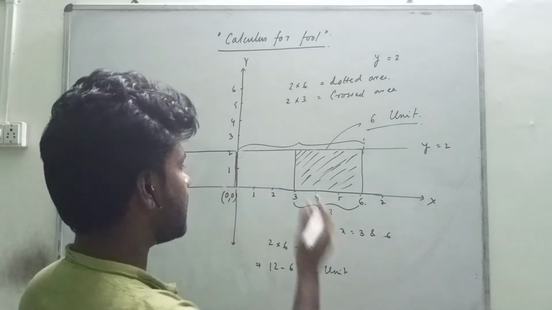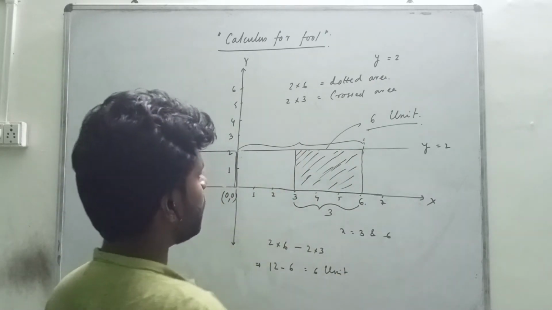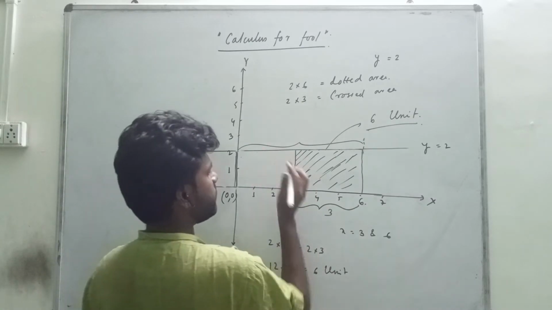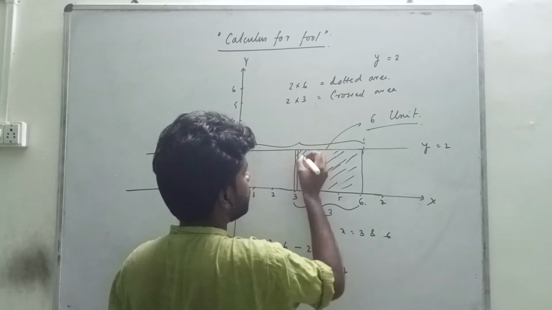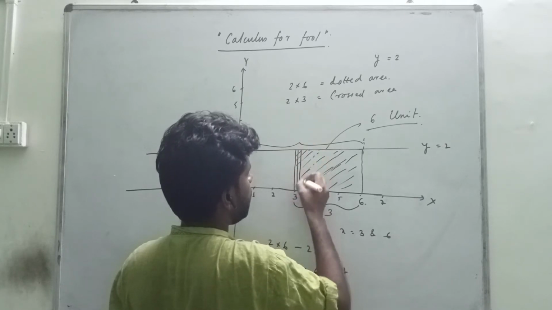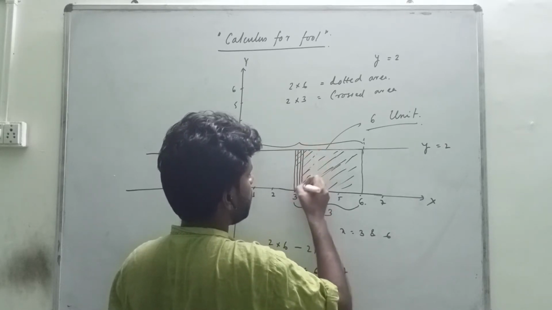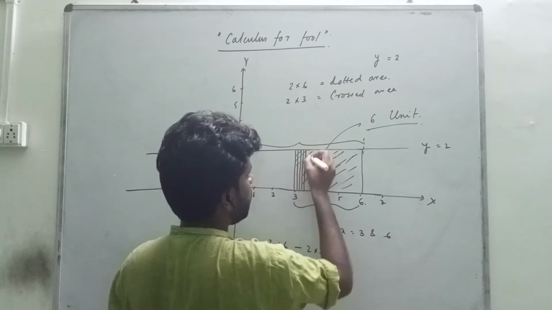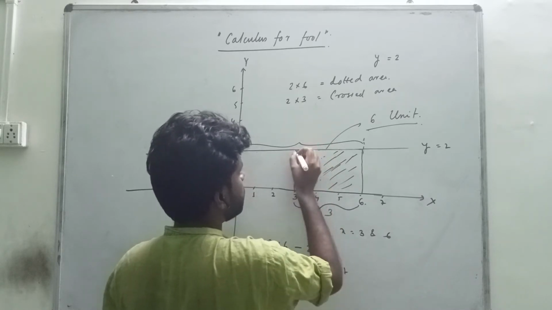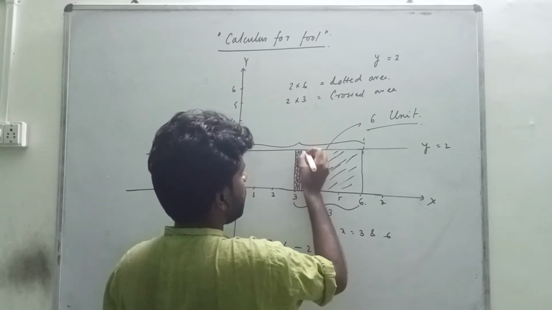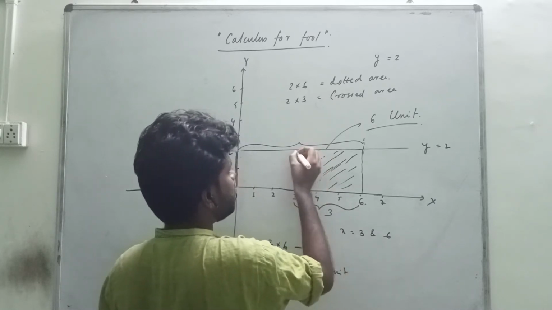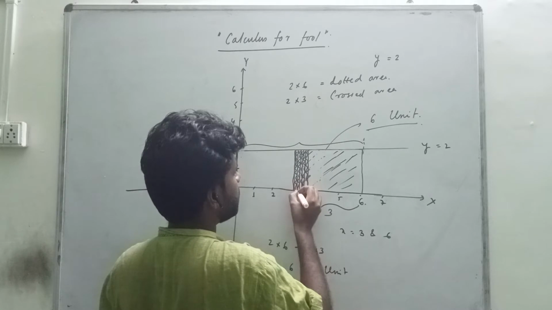So just cut this area into very small pieces, like this and this and this and this and this, right? And what is this very small area actually?